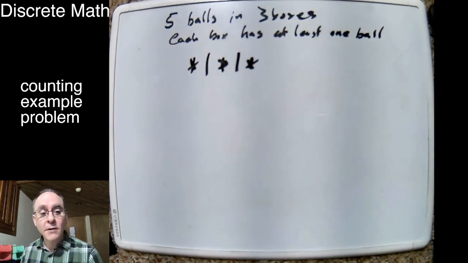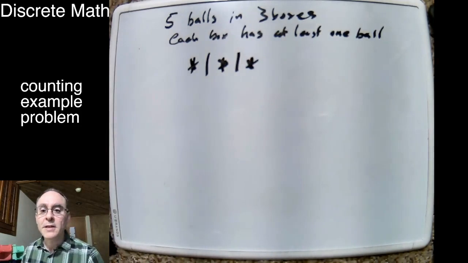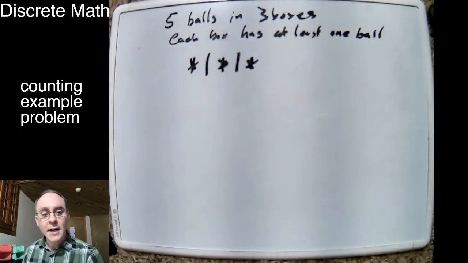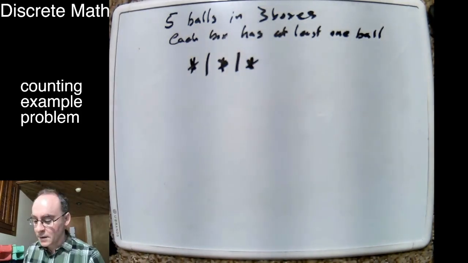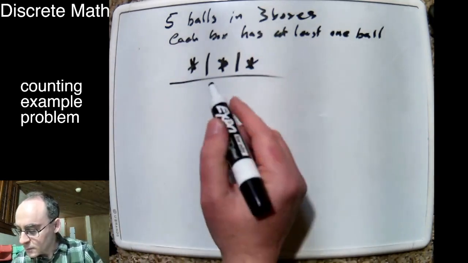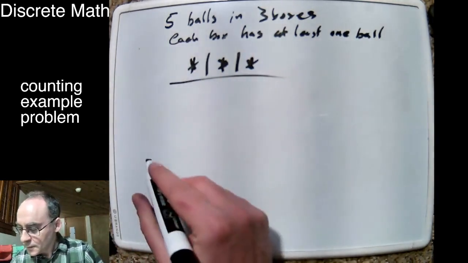But then all I have to figure out is, okay, I'm starting with that. Now the remaining problem is I've got 2 more balls to distribute. I had 5 balls in total, and it's really just a question of how do I arrange 2 balls into 3 boxes? So it's a whole separate stars and bars problem with just 2 objects and 3 boxes.